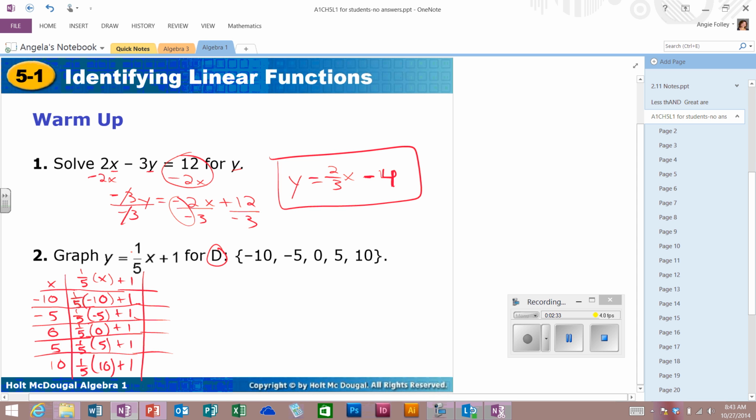So 1/5 times negative 10 gives me negative 2 plus the 1. So that's negative 2 plus 1, which gives me negative 1.